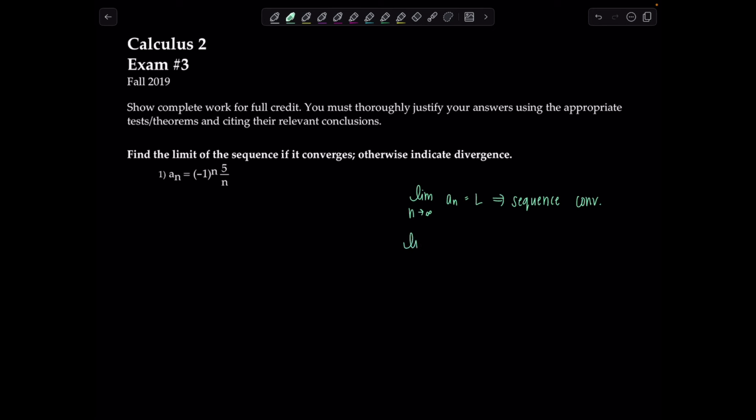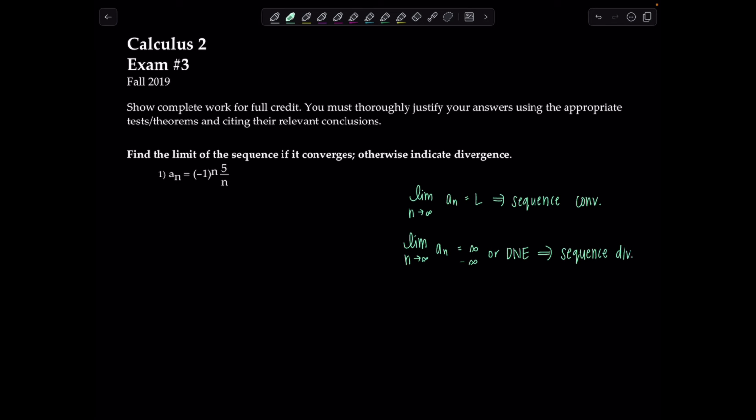And then if the limit as n approaches infinity of a sub n is either positive infinity, negative infinity, or doesn't exist, then we say the sequence diverges, okay? So not the same criteria as a series.